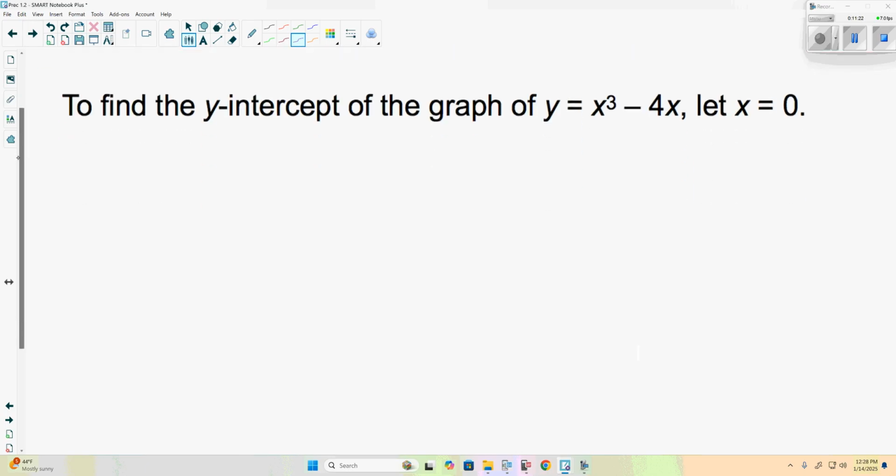Now, the next one we're looking at is to find the y-intercept of this graph. This time, I'm going to take this equation, but instead of replacing y with 0, we're replacing x with 0. This is even nicer. What's 4 times 0 cubed?